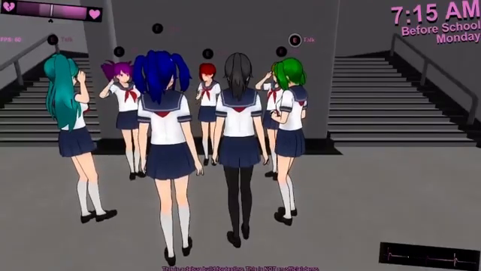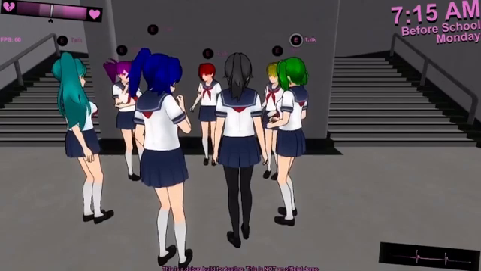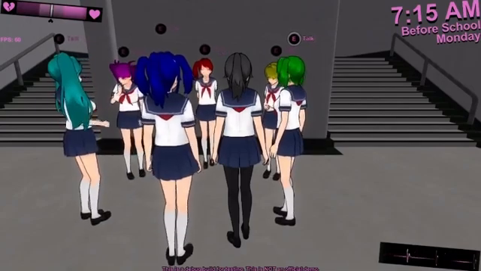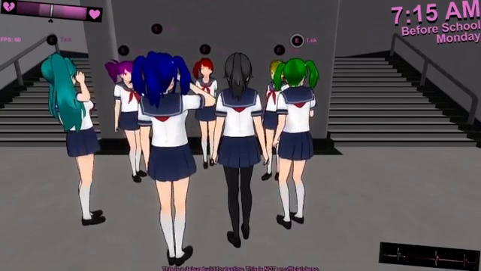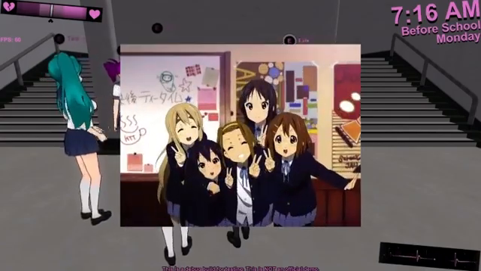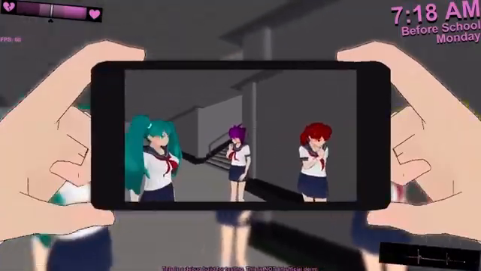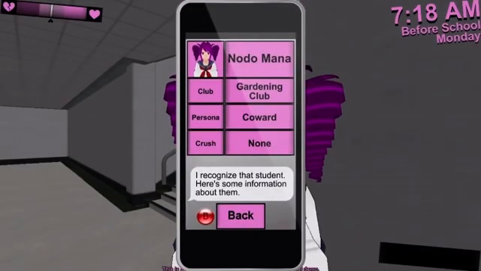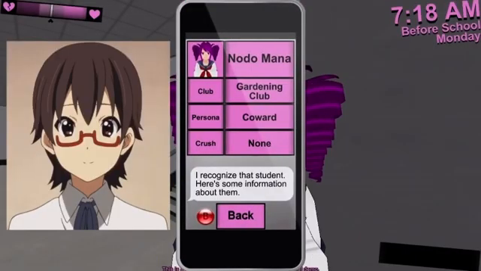One of my biggest weaknesses is coming up with names for my characters. Because I had absolutely no idea what to name these girls, I simply named them after characters from K-On! The girl with purple drills was named Nodomana, after Nodoka Manabe.